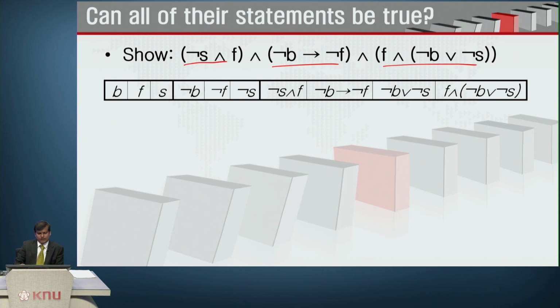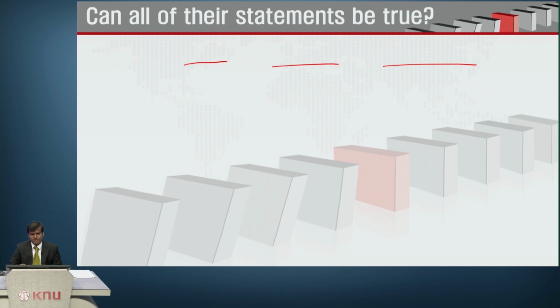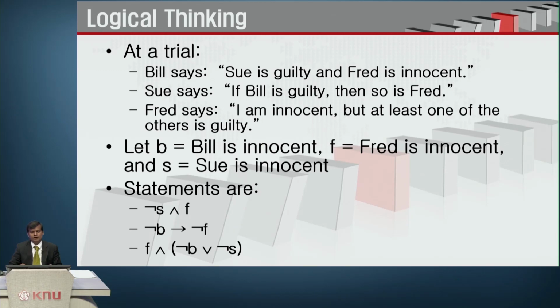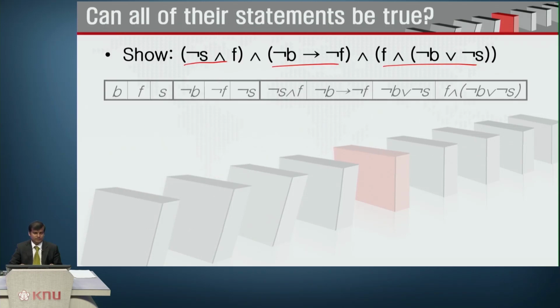For example, we can think about Bill, Fred and Sue. So BFS represents Bill, Fred and Sue. Negation of B, negation of F, negation of S. BFS is representing Bill is innocent, Fred is innocent and Sue is innocent. Negation of that means that they are guilty, right? Yes, negation of B, negation of F and negation of S represent they are guilty.